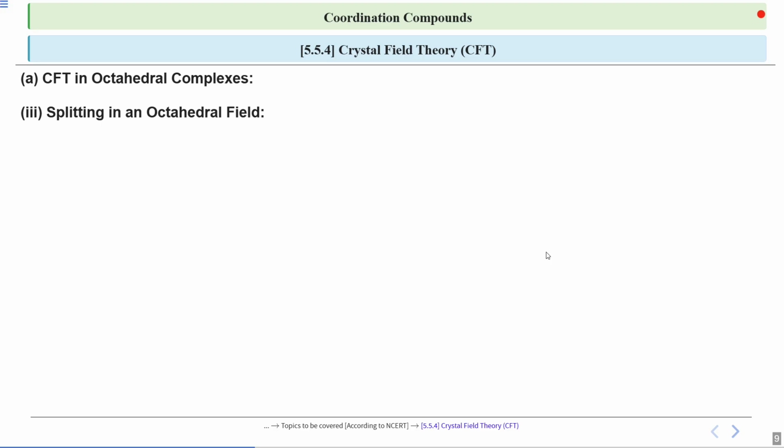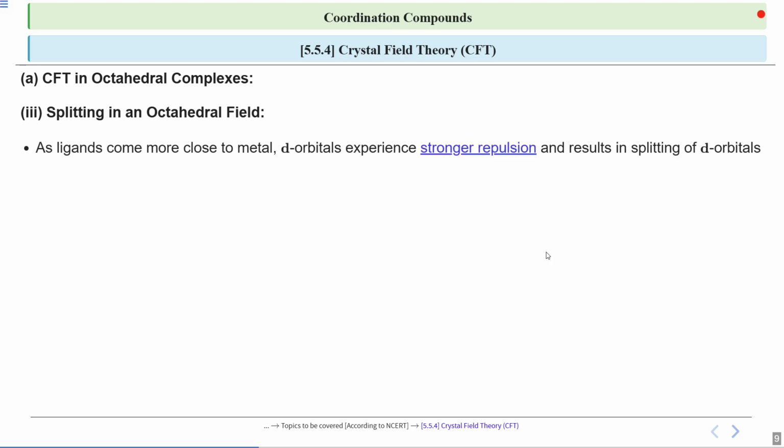Now, as the ligands come closer to the metal, the d orbitals of the metal experience stronger repulsion, which results in the splitting of the d orbitals.